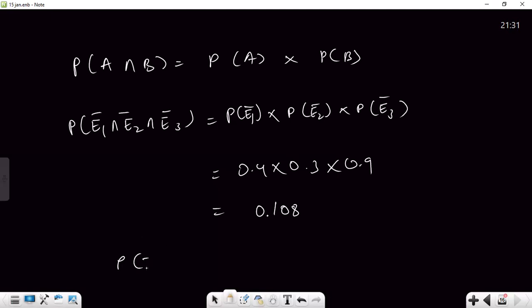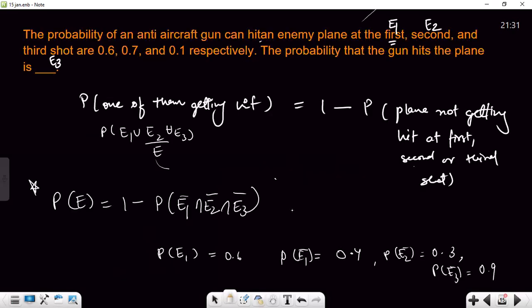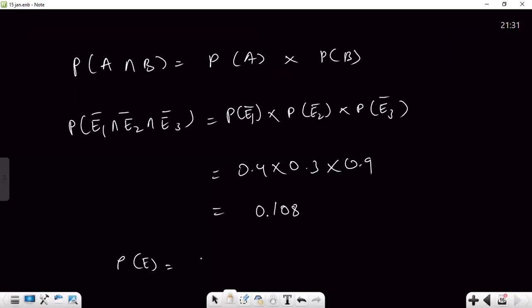Now the probability of the event will be 1 minus what we have just calculated. 1 minus 0.108 is 0.892. That is our answer.